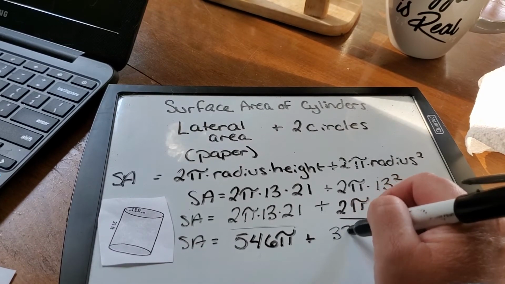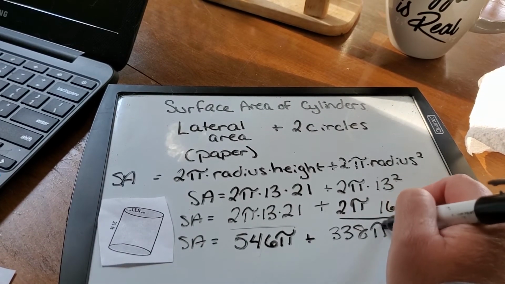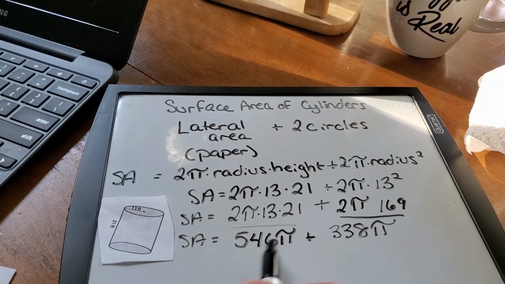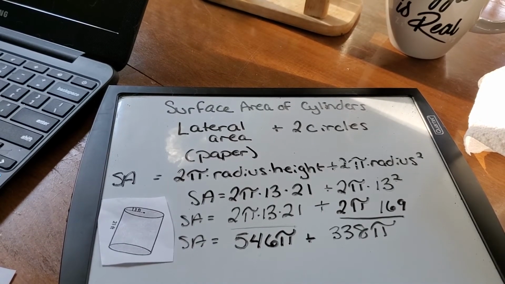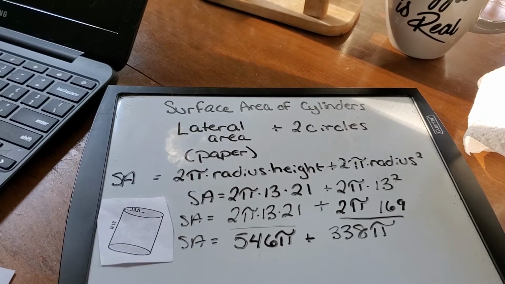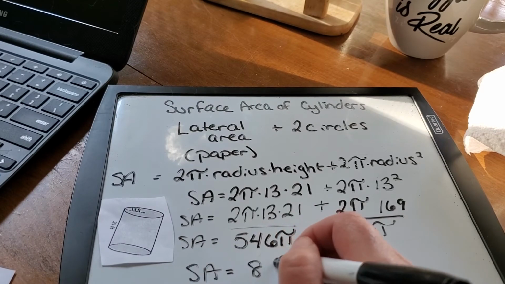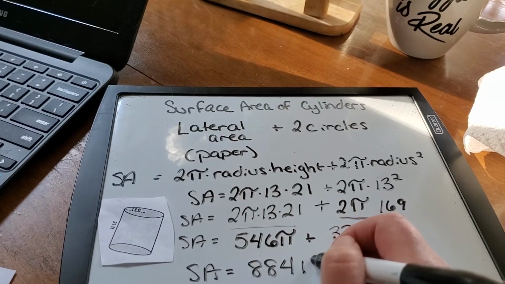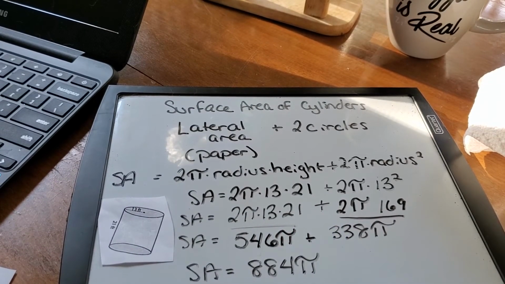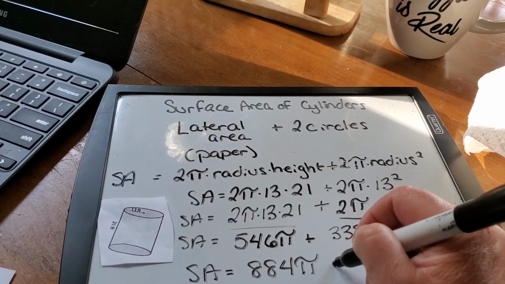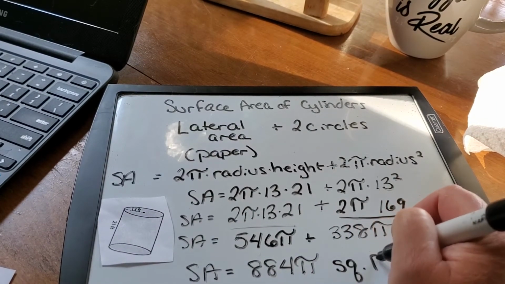So this is really 338 pi. Now I can add 546 pi plus 338 pi. I'm really just adding the 546 and the 338. And that gives me 884. And then I'm just going to tack on the pi symbol because I'm going to leave it in terms of pi unless I'm told to round. And it's surface area, so it's going to be square feet.